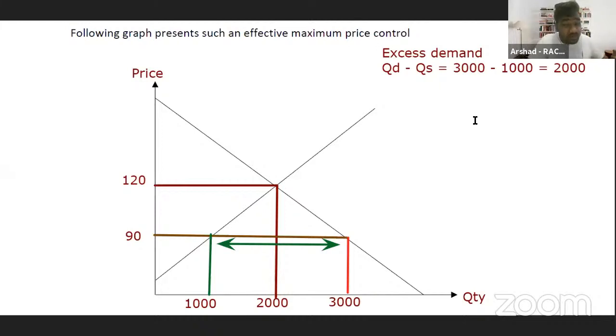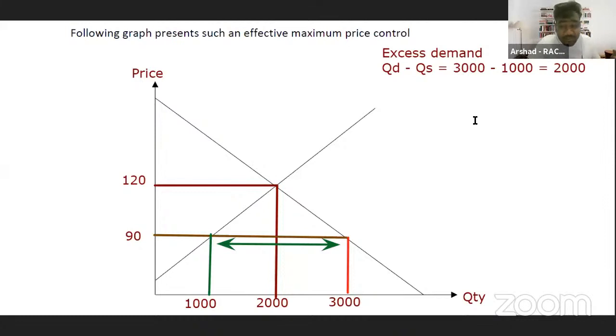The sellers would take advantage of this situation, right? The sellers would say, look here, I am only giving 1,000 coconuts, but I have more than enough people to buy the coconut from, right? There are 3,000 people who want to buy my coconut. So what will they do? They will make use of this opportunity. They will look at this as a proper opportunity to make some profits.